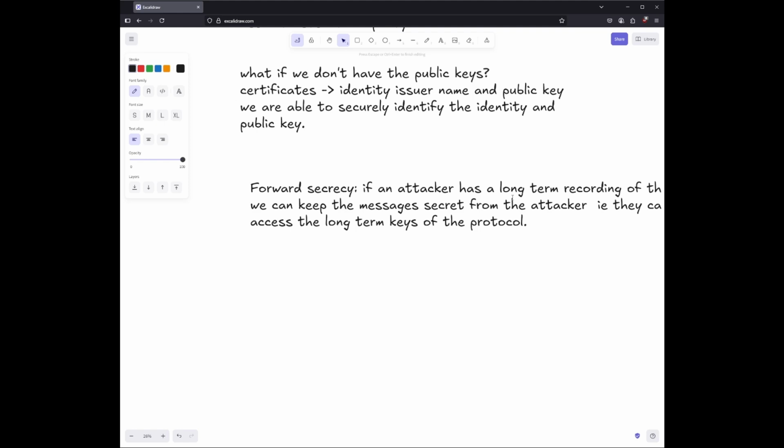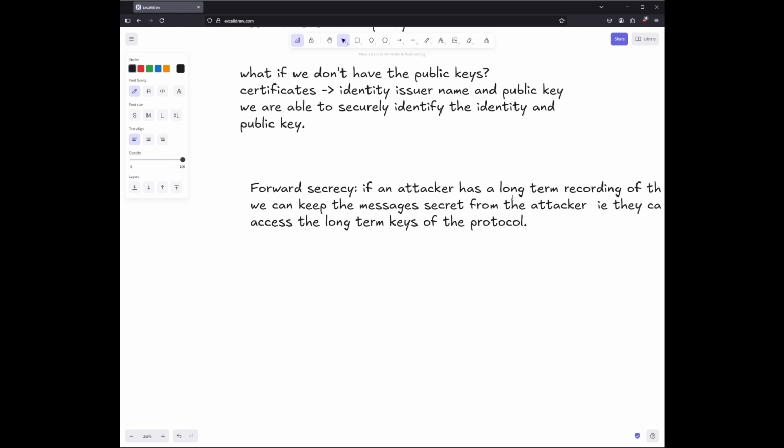Essentially, this is good because if we have a record of all the encrypted conversations between A and B, we wouldn't be able to decrypt these even after the protocol. Let's say Alice is sending some really important document to Bob that can never be exposed.